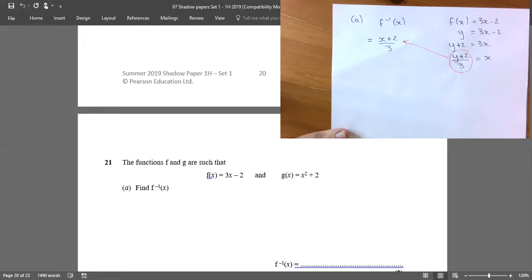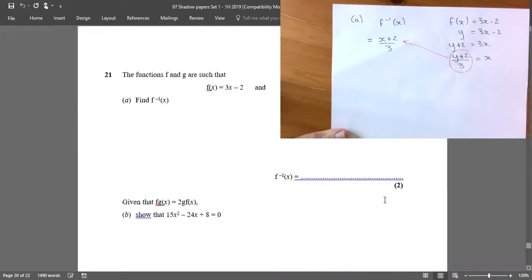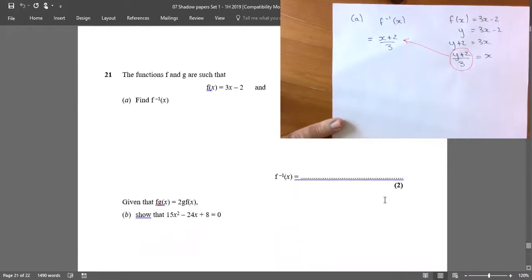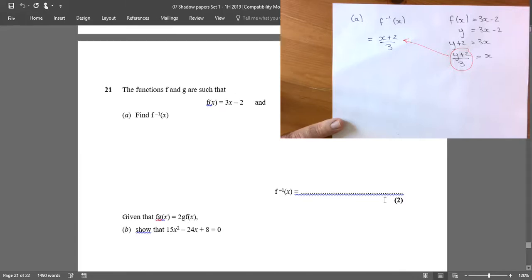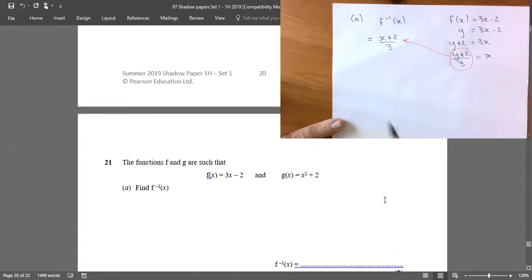Now part B. Given that f of g of x equals 2 lots of g of f of x, show that 15x squared minus 24x plus 8 equals 0. So we know that g of x equals x squared plus 2.